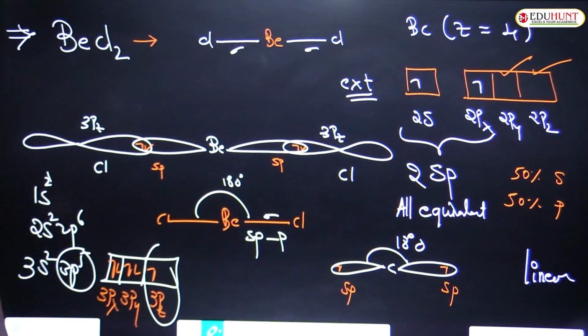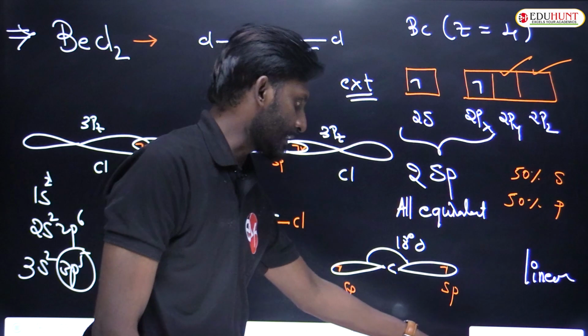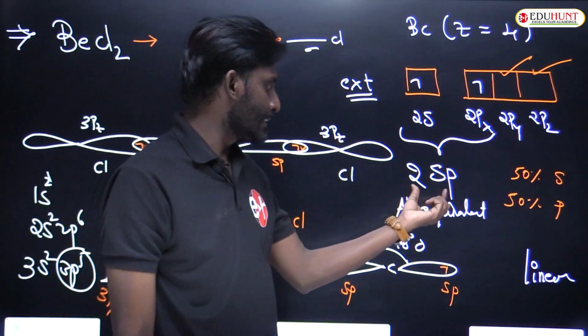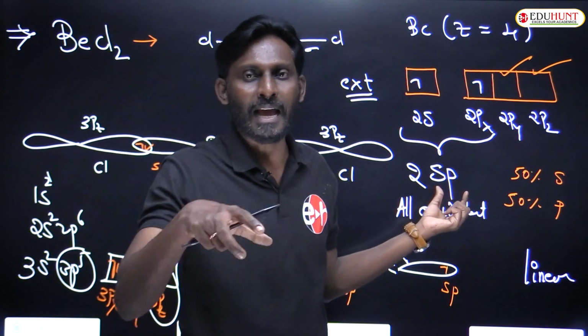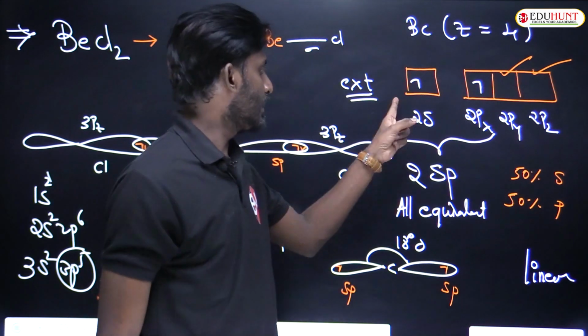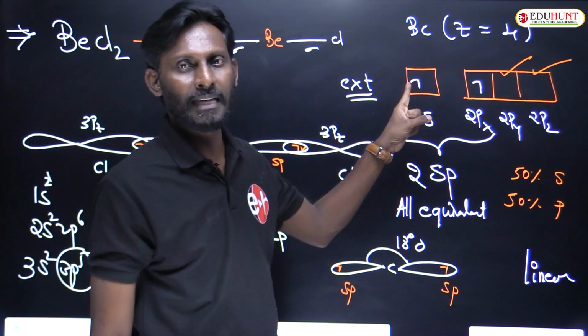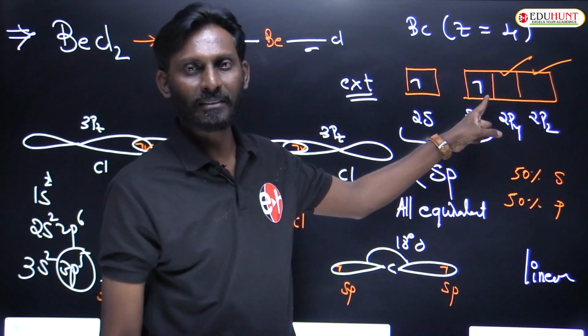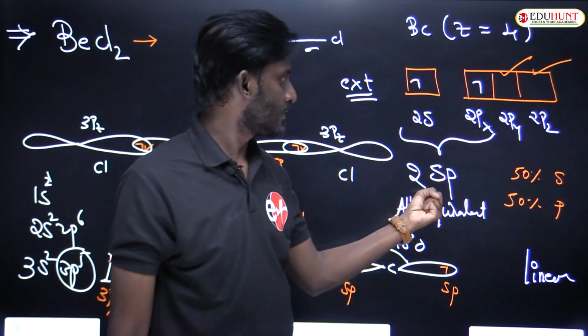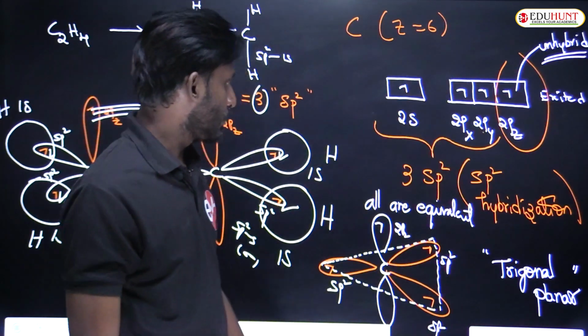That kind of question also you may get: the percentage of s character in the hybrid orbital. Because these are not pure orbitals, they are hybridized, they are intermixed. These are pure atomic orbitals, here 100% s character, 100% p character. But after intermixing, what happened? Equally intermixed.